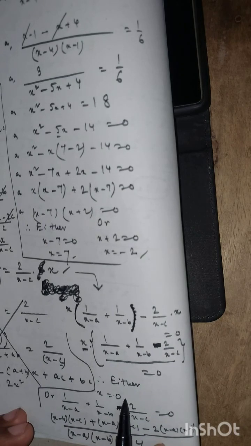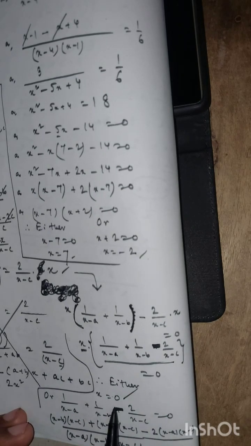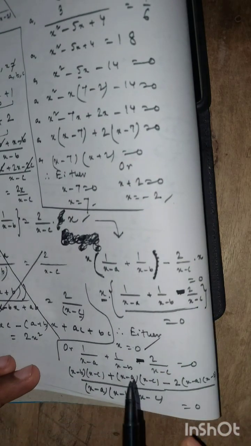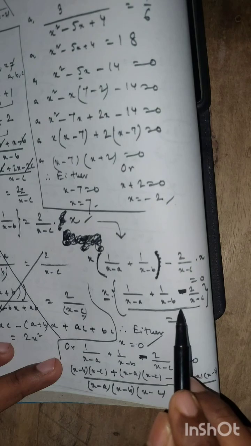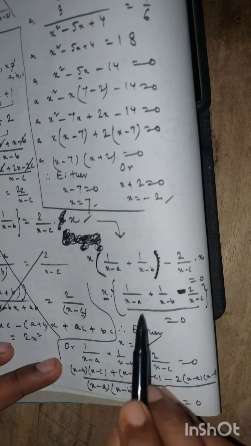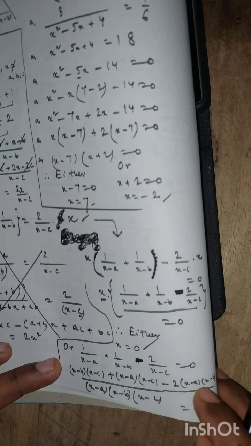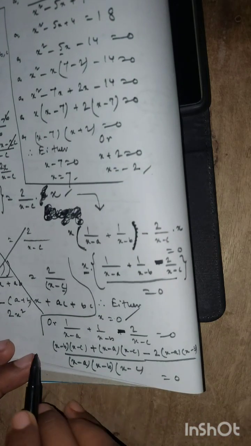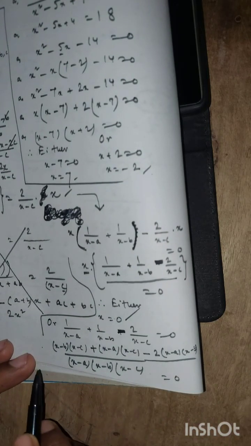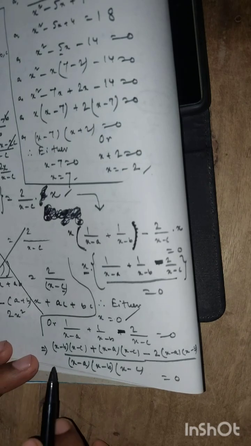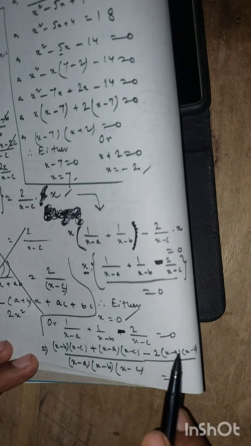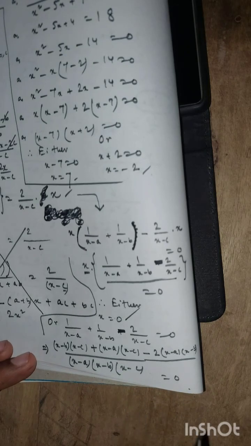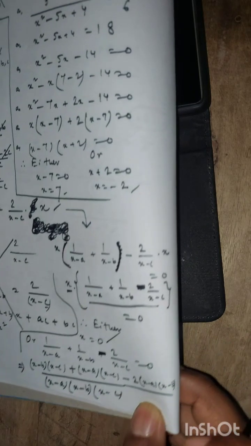So either x equal to 0, this is one value of x, or this should be equal to 0. Either this is 0 or this is 0. So if this is 0, then on simplifying, we get this big expression. Now we are writing it again on the next page.